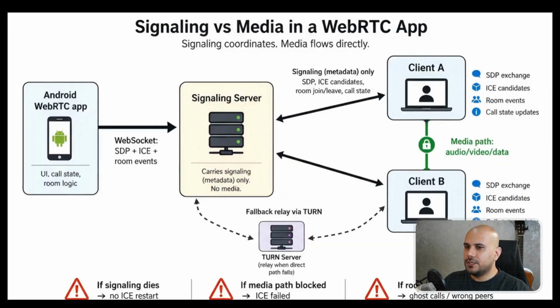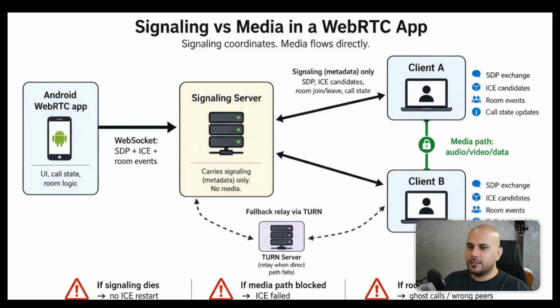This diagram is here to separate two ideas that developers often mix up. The top line is signaling, your own code, often WebSocket or Firebase, which just pushes JSON messages like SDP and ICE between clients. The bottom line is media, the WebRTC engine sending encrypted RTP or RTCP packets directly between peers or through TURN.